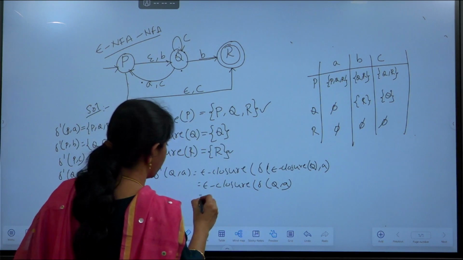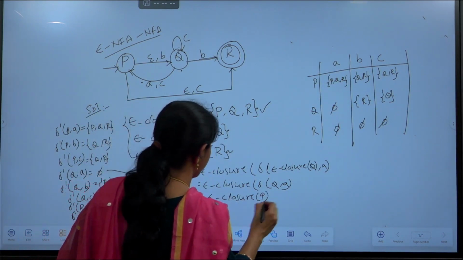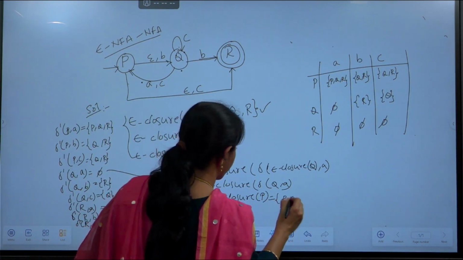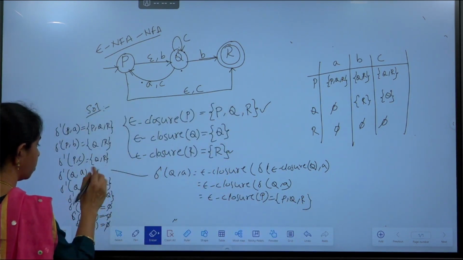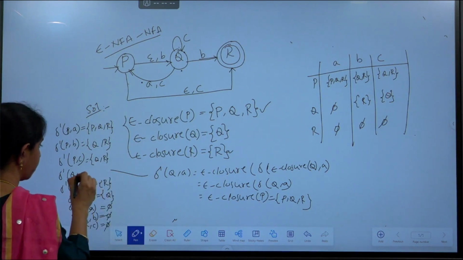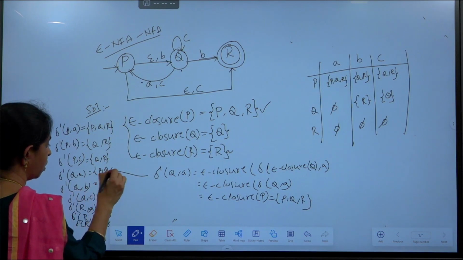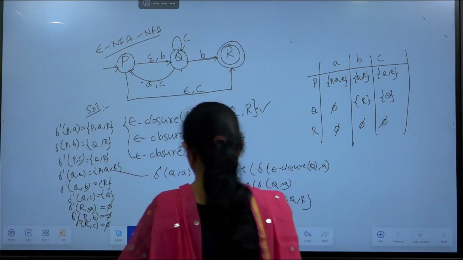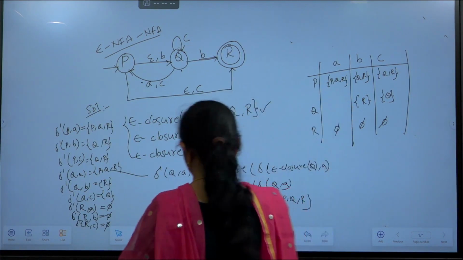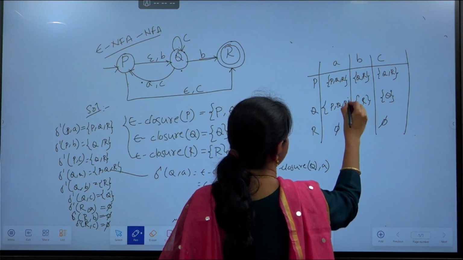Q comma A we have P, right? Epsilon closure of P means that is P comma Q comma R. So first we have to write here P Q R, we will get it as P comma Q comma R. That means here in the table we will get P comma Q comma R.